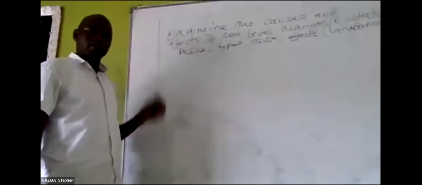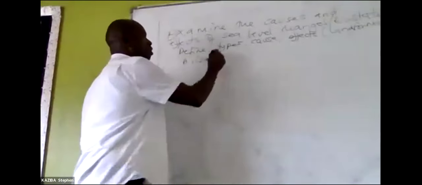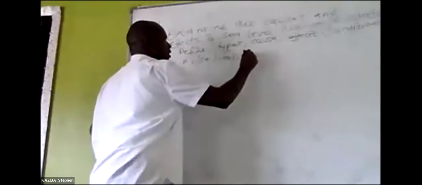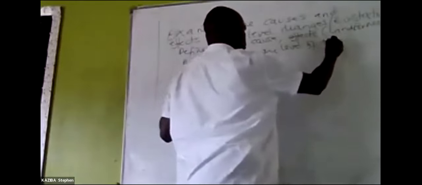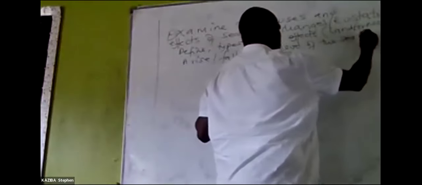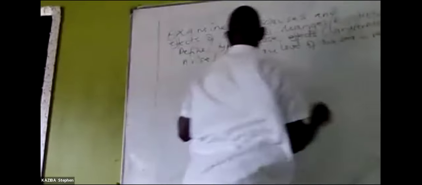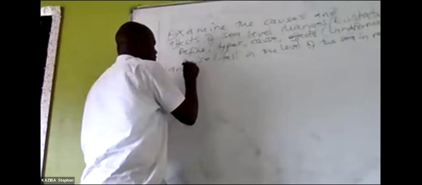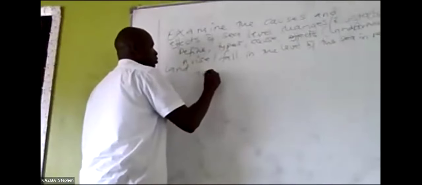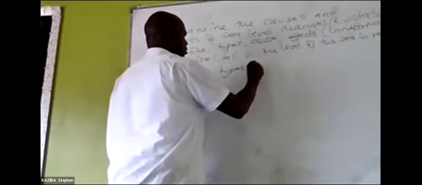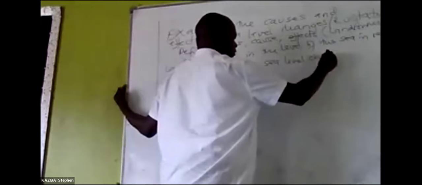So what is sea level changes? It is just a rise or fall in the level of the sea in relation to land. That is sea level changes. Now we have two types of sea level changes.